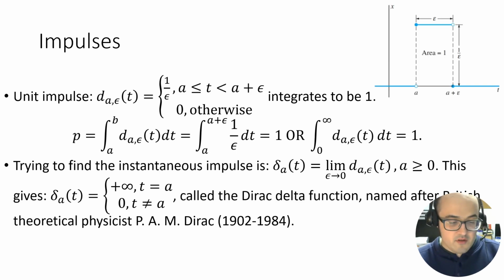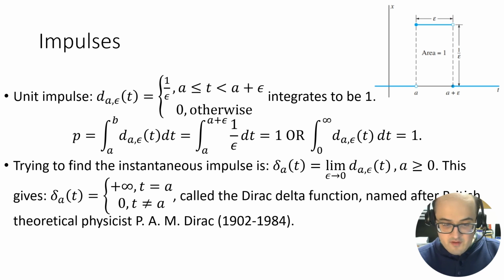So the unit impulse, denoted by d sub a comma epsilon, is 1 over epsilon for values of t between a, including a, and up to a plus epsilon. Otherwise, it's 0. And this integrates to the value of 1, as we can see in this graph in the upper right-hand corner.